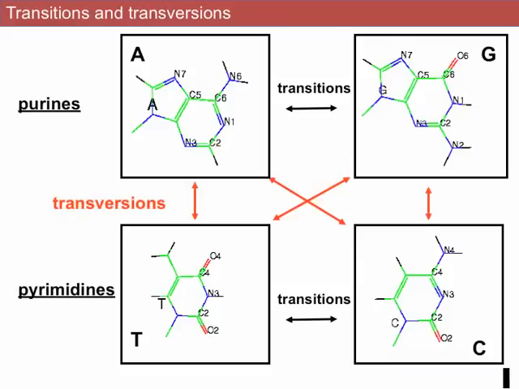If you have a change from purine to pyrimidine or pyrimidine to purine, those are known as transversions or base transversions.